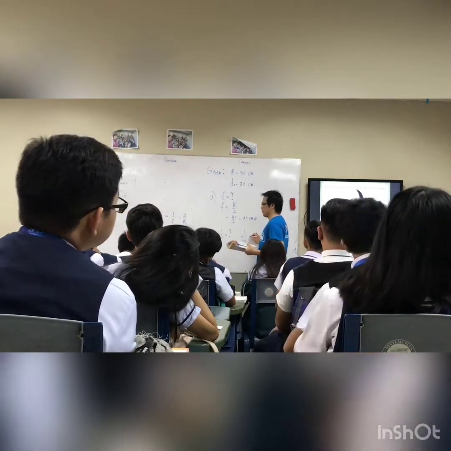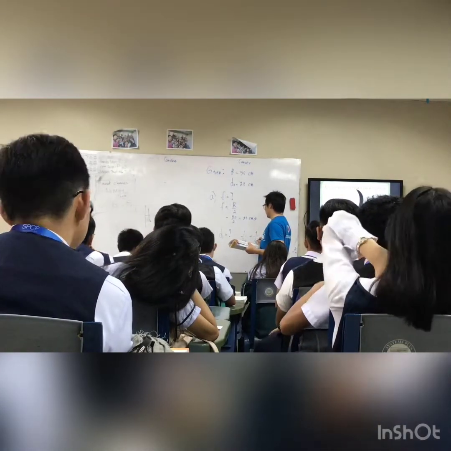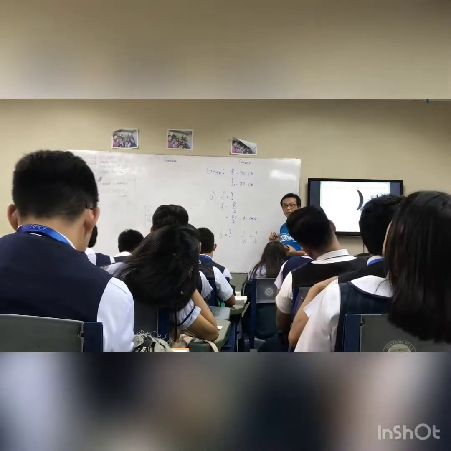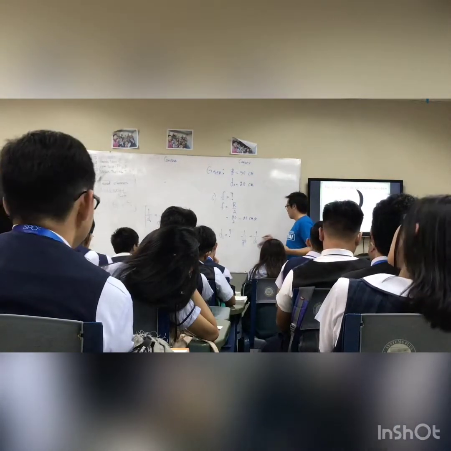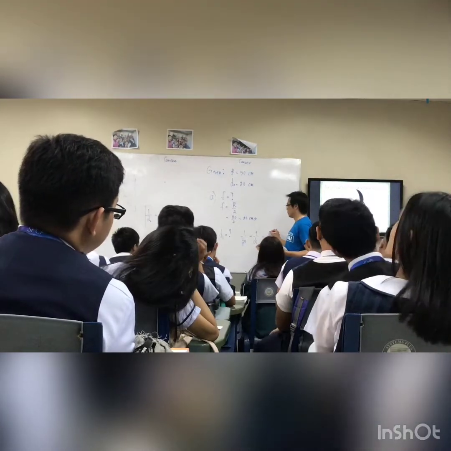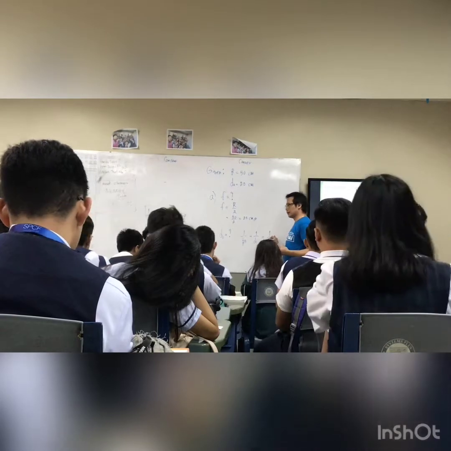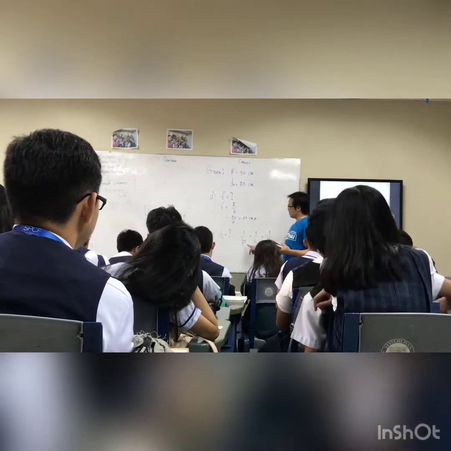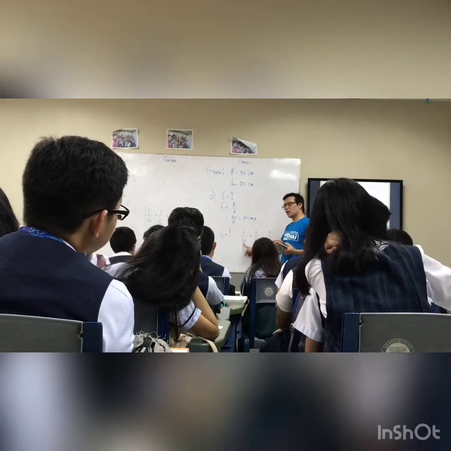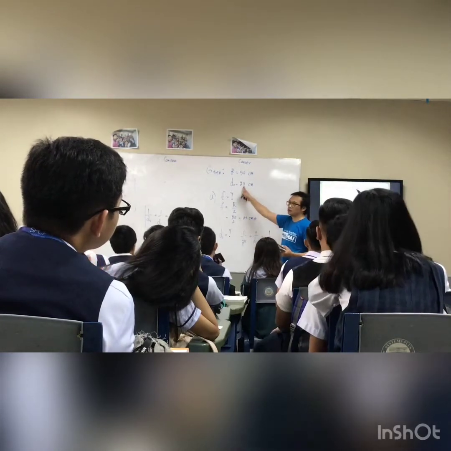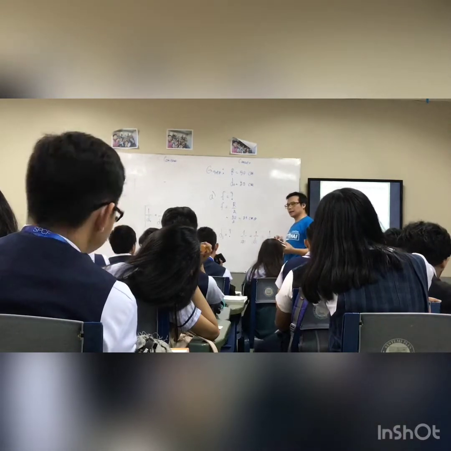From 1 over F, 1 over 25, equals 1 over DO plus 1 over DI. You want to find DI. 1 over 25 is F. This is DO, DO is equal to 20.